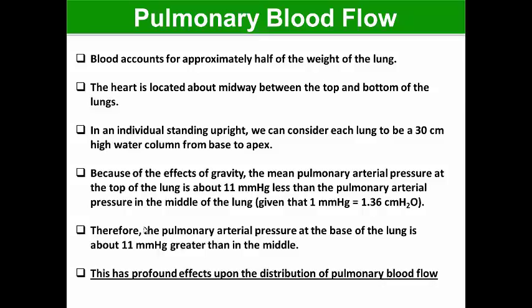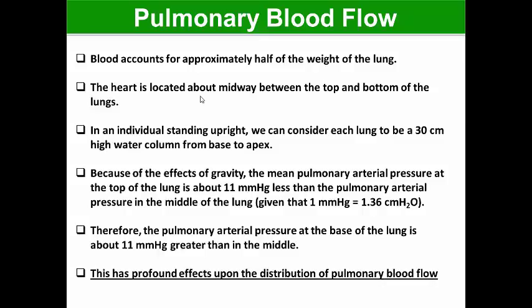So the lungs have a large quantity of blood. In fact, blood accounts for approximately half of the weight of the lung. And you all know from the anatomy that the heart is located about midway between the apex of the lung and the base of the lung.